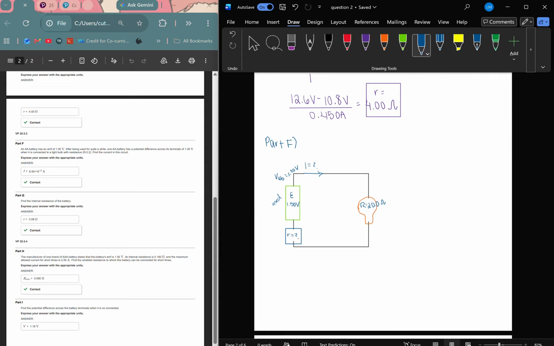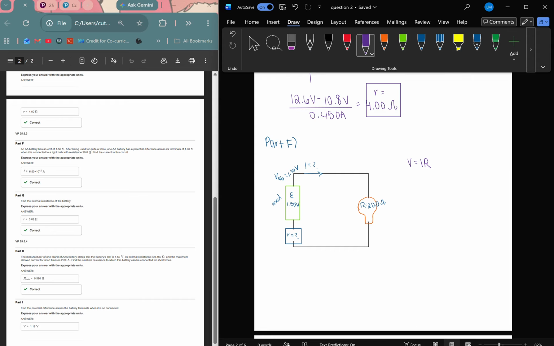We're going to use the equation V equals IR, and this is because we are trying to find the current in the circuit. I'm using Ohm's law because I know the voltage across the resistor and its resistance. So we just need to find the I, which is the current.